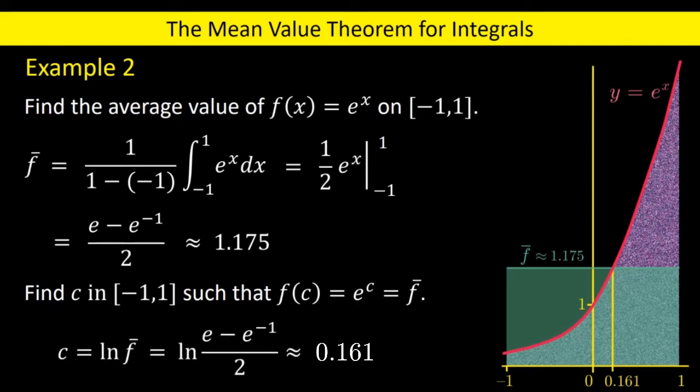And you can easily solve the equation and find that there's exactly one solution. And there can't be more than one actually, because the exponential function is increasing. It can't attain the same value more than once. Here I found the exact value for c, also a decimal approximation.